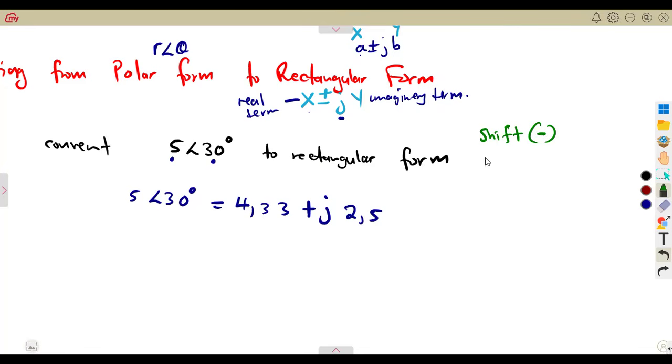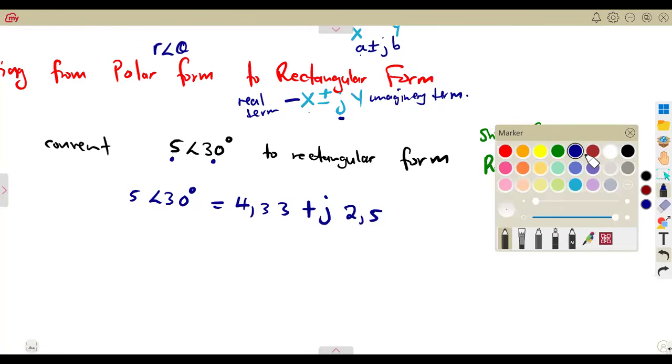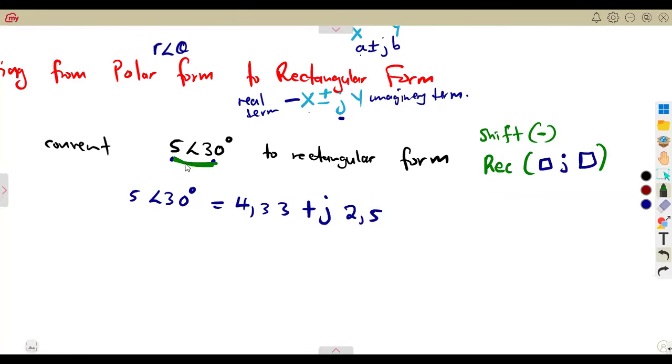The moment you do that, it writes REC to show you that you're converting to rectangular form, with an open bracket where you insert the values from what you are given, in this case 5 and 30 in that order, which is your R and this is your theta.